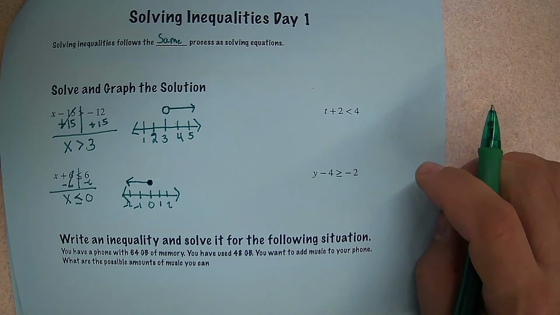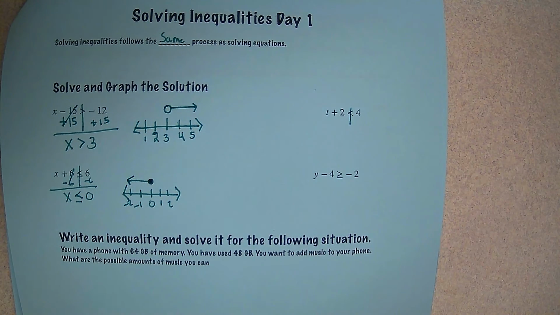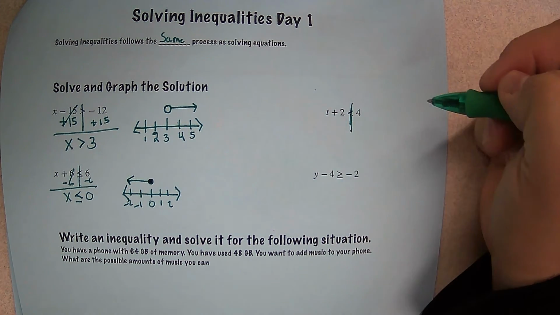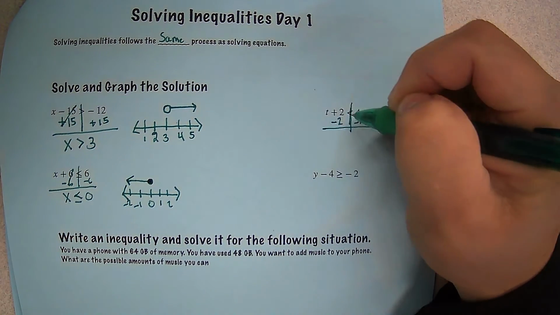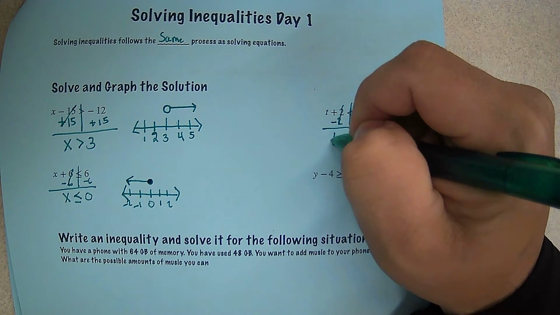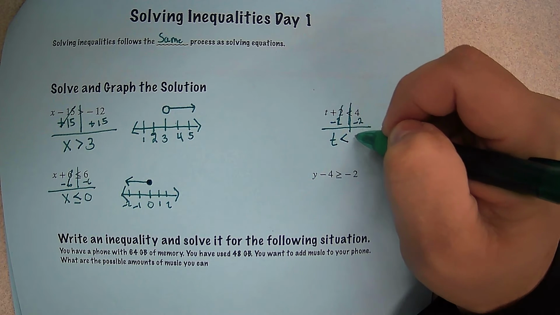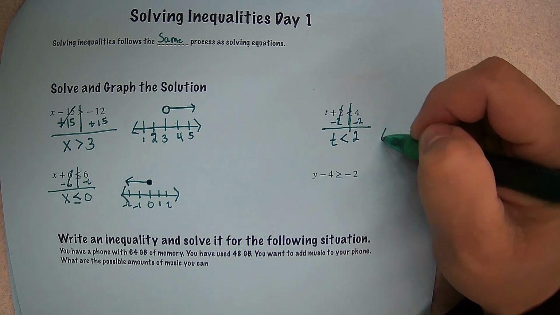All right, a couple more with adding and subtracting. Draw our line if we want, right there. We want to get t all by itself, so we are going to subtract 2 from both sides. Those go away. We get t is less than 4 minus 2, which is just 2. Go to graph it.